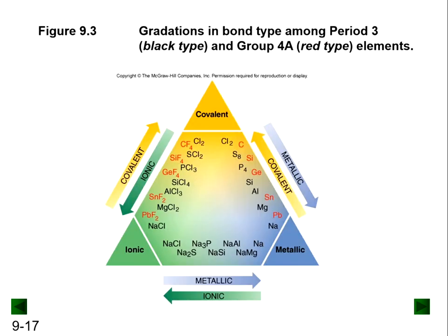And we looked very early on at the transition between covalent, ionic, and metallic bonding. This is a worthwhile figure to look at to review how the transition occurs between these systems.